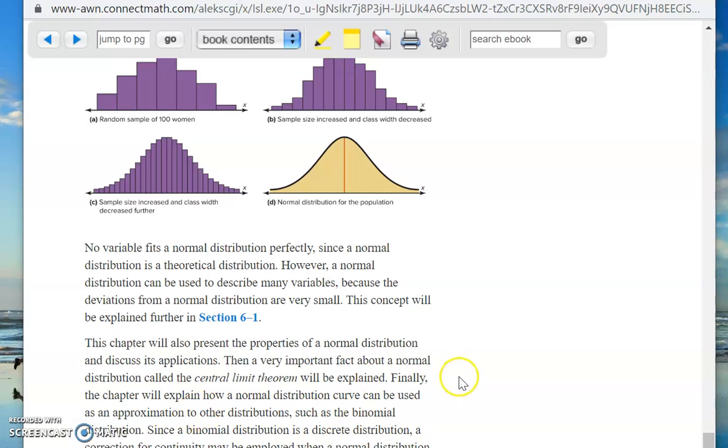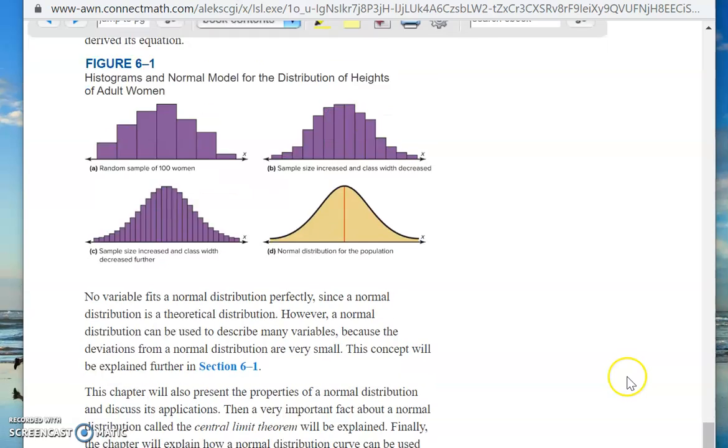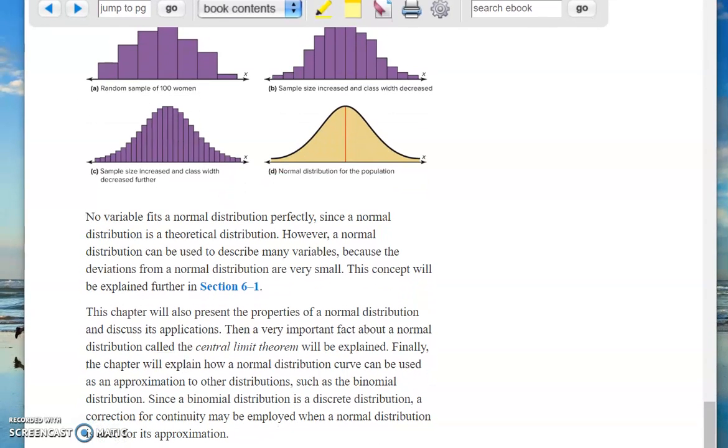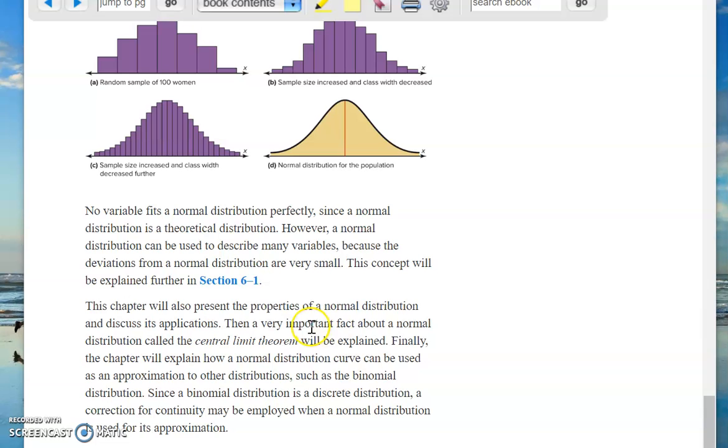Okay, so this chapter is all about the normal distribution. And we're going to learn all kinds of things that are very, very useful. I would say this is one of our better chapters, the most useful chapter that we've got. Ultimately, we're also going to use the normal distribution as what we call an approximation to other distributions.